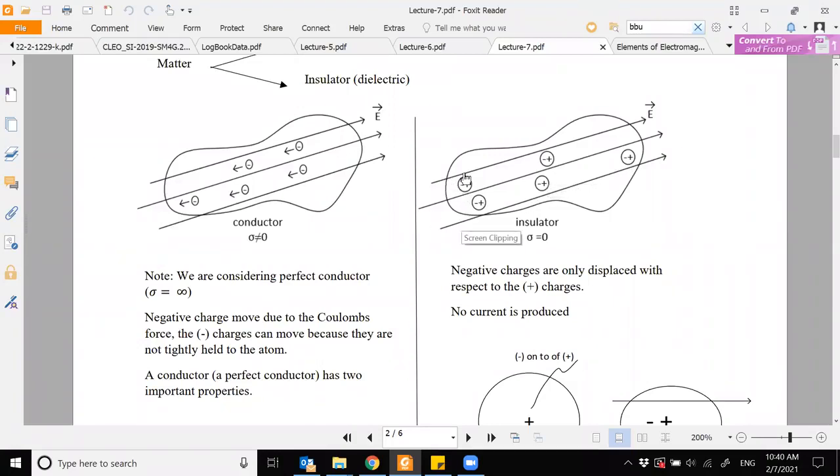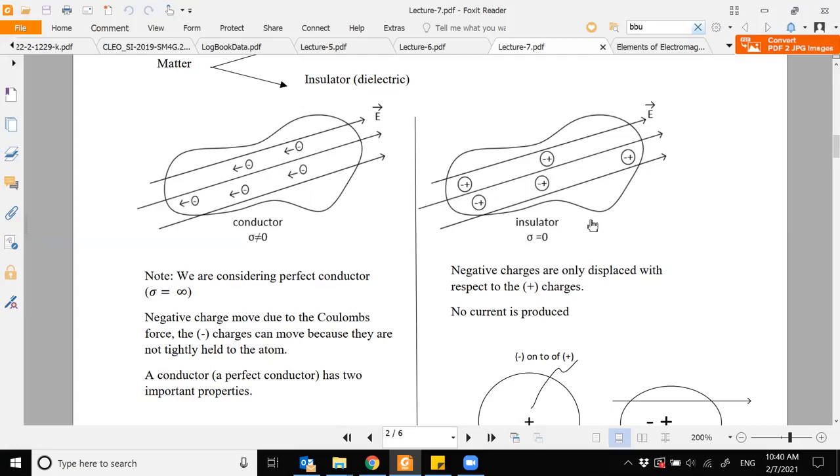Now, when a dielectric material is put under the influence of an applied electrostatic field, what will happen? It is very difficult to pull the electrons out of the atom. But because of this electric field, the negative electrons will try to move in this direction, and the positive nucleus will try to move in the opposite direction.